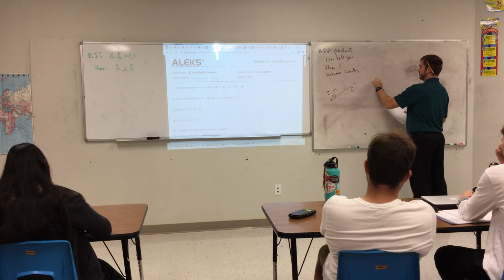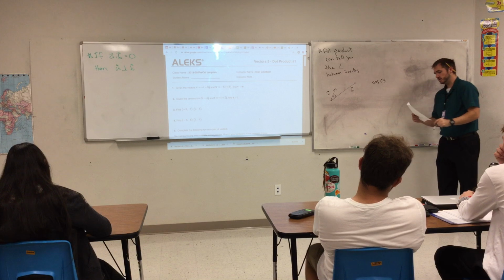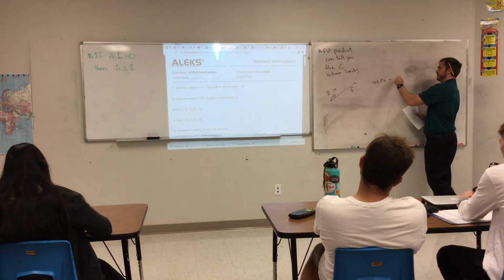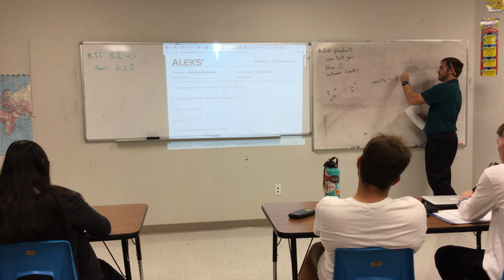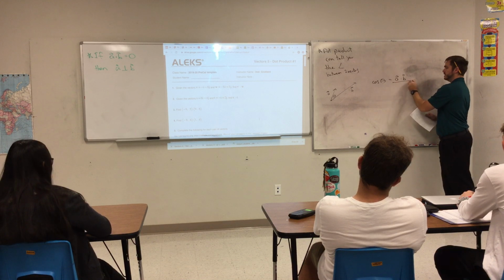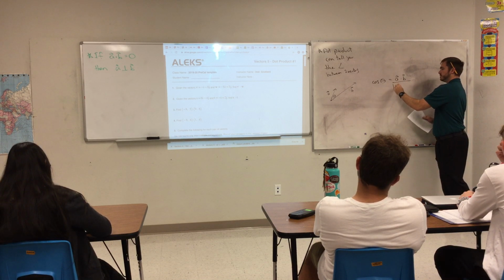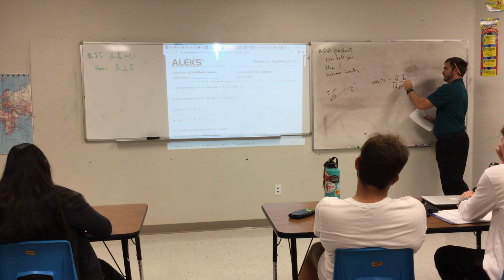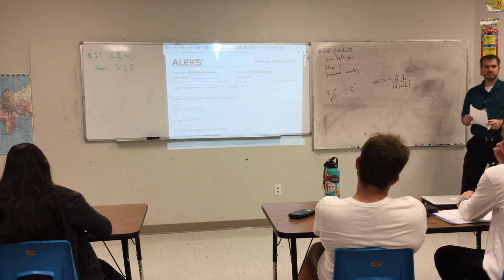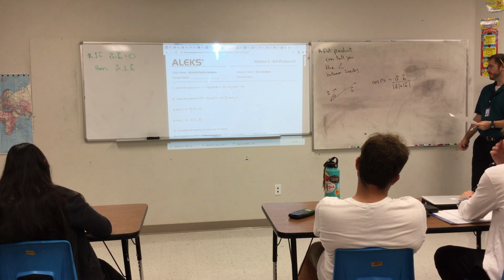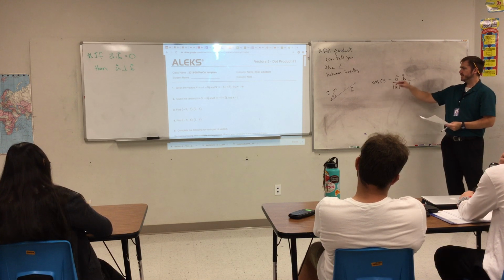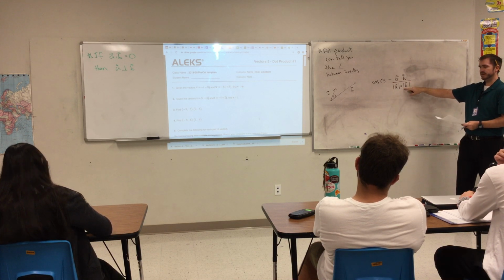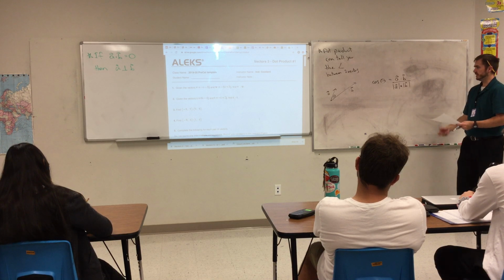Here we go. Cosine of the angle in between them is equal to the dot product of the vectors divided by the product of the magnitudes of the vectors.